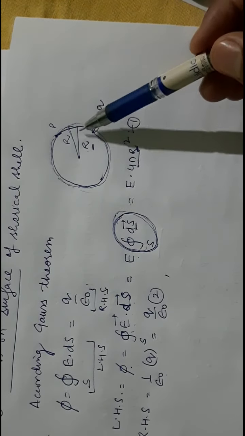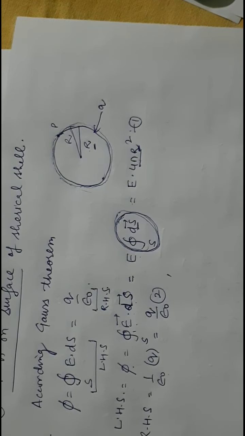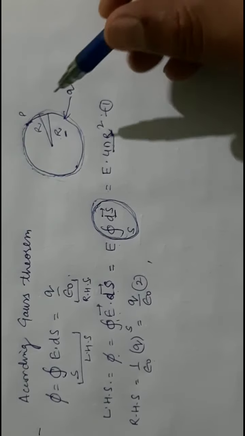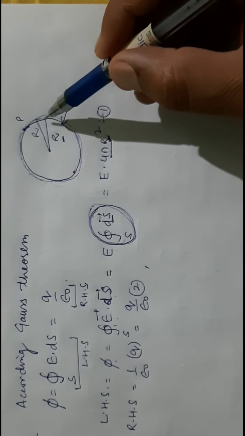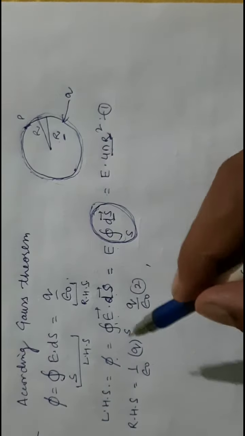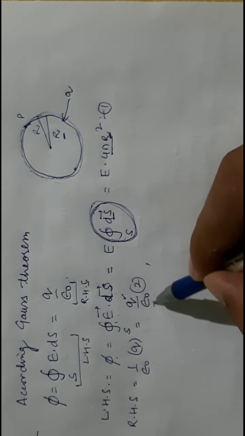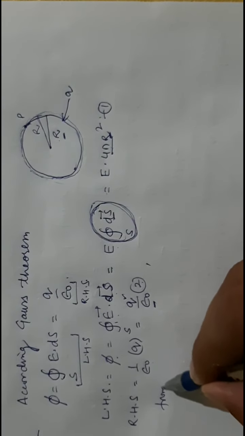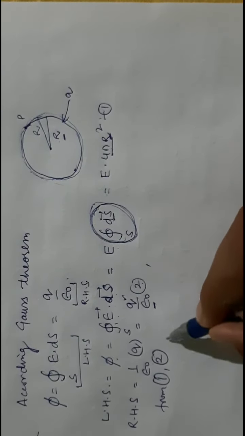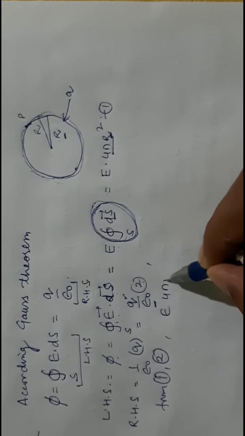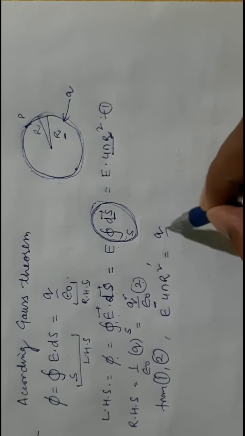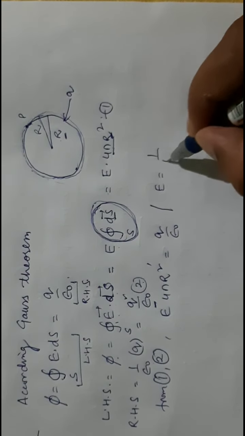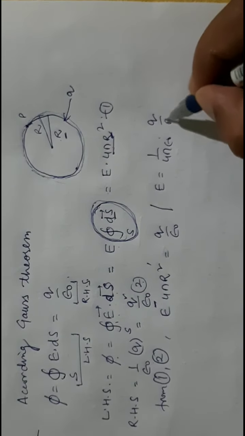So whatever charge is given to the spherical shell is enclosed by this Gaussian surface. So the total charge enclosed is equal to the total charge on the spherical shell, that is Q, giving Q divided by epsilon naught. This is our second equation. From 1 and 2, E 4 pi capital R square is equal to Q divided by epsilon naught. If I calculate, E will be equal to 1 upon 4 pi epsilon naught Q by capital R square.